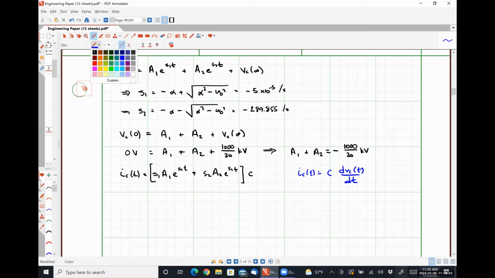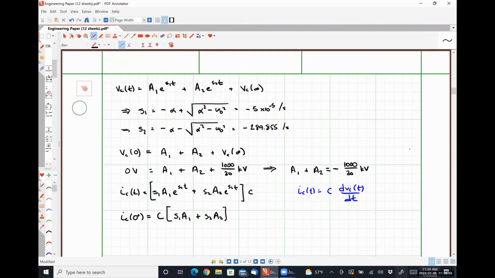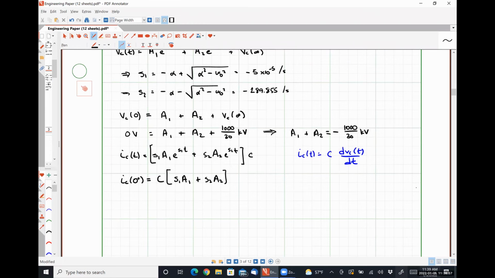All right, so IC at 0 plus is just going to be C times S1 A1 plus S2 A2. Since IC at 0 plus was 0 amps, having the C included doesn't actually do anything to us here.